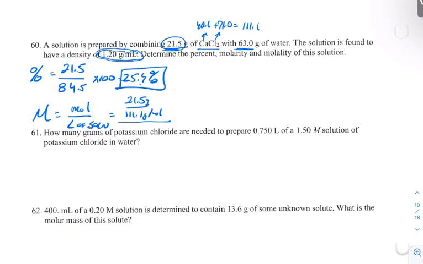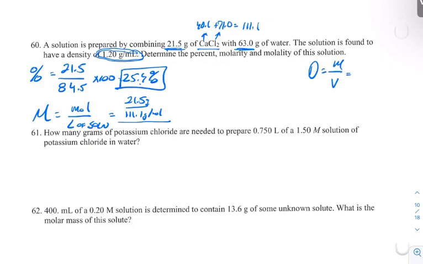When I add that solute up here, the density is 1.20 grams per milliliter. I am given in the problem that the mass of the solute is 21.5 and the mass of my water is 63, and we've previously seen that the total mass is 84.5. What I need to know is the volume in liters. Density is mass over volume.